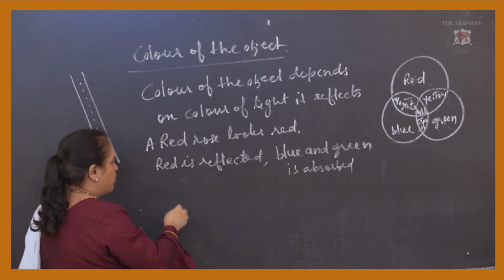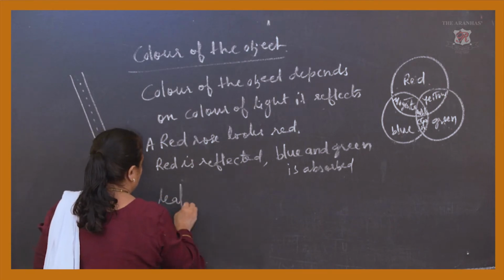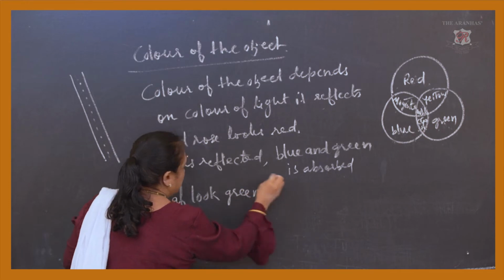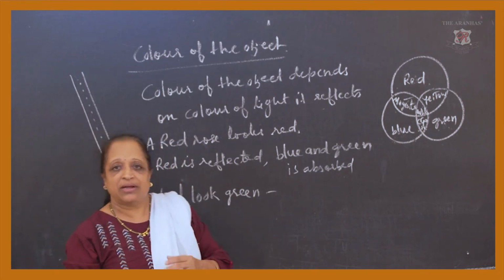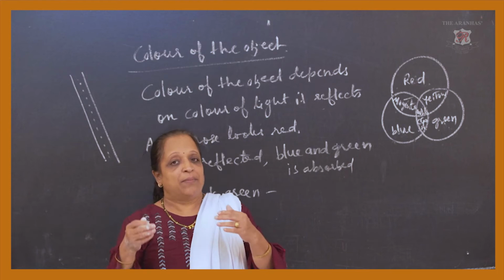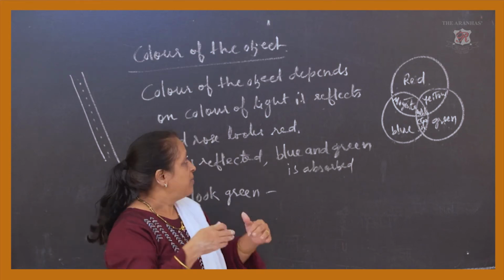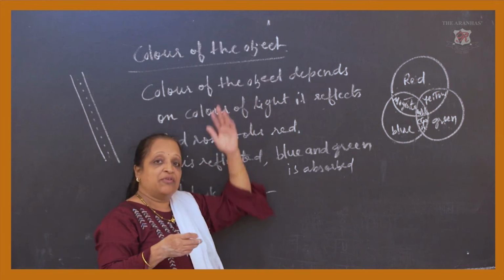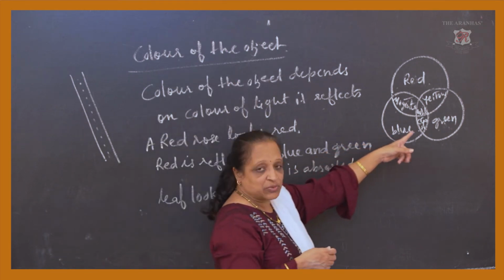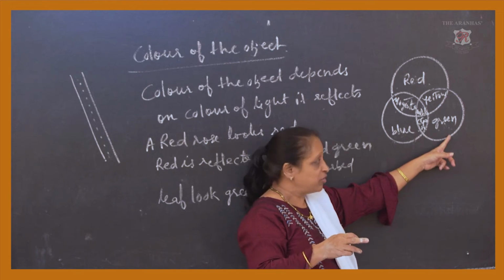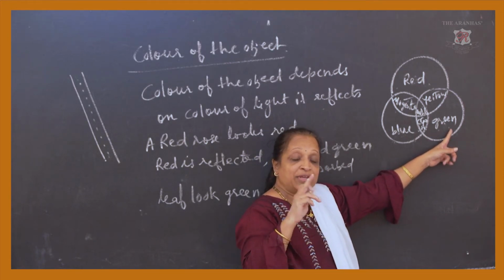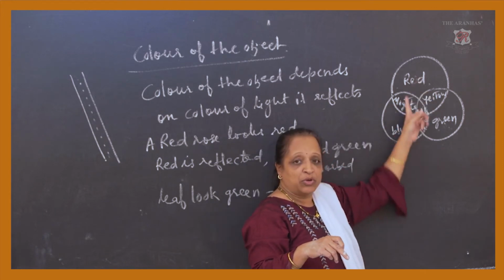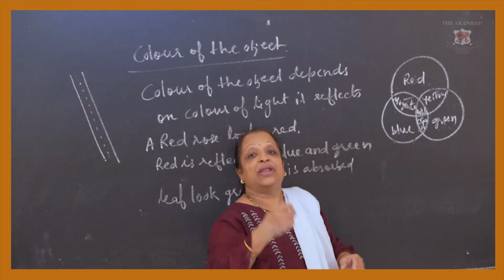Next question: why does a leaf look green? In biological terms there is a different reason for that. But when we are discussing the light or the color of the object, we have a different reason. Coming back to the same diagram drawn on the board, a leaf looking green means it has absorbed red and blue and reflected the green color.